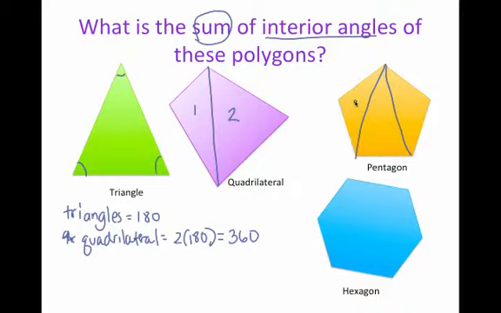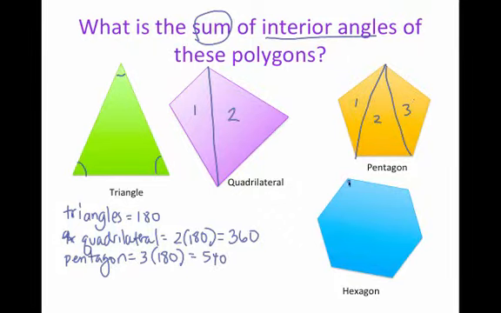So I drew 2 diagonals, and I end up with 3 triangles. The sum of each triangle's angles is 180, so all the angles in a pentagon add up to 3 times 180, which is 540.